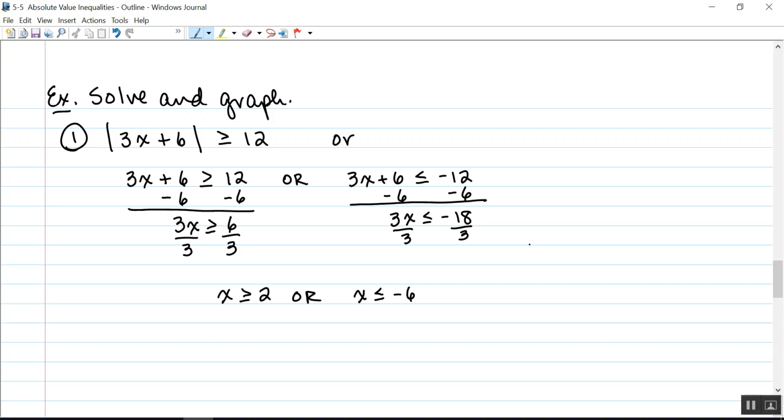Let's graph that. I'll have a 2 and a negative 6, so I need greater than or equal to 2. That's that piece right there, or less than or equal to negative 6. And that's what our classic OR inequality looks like.